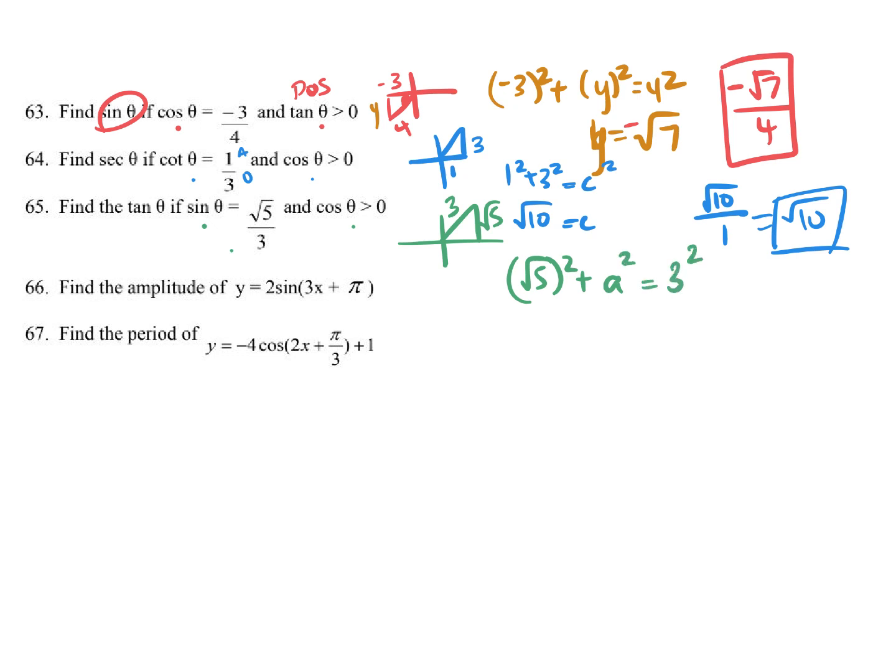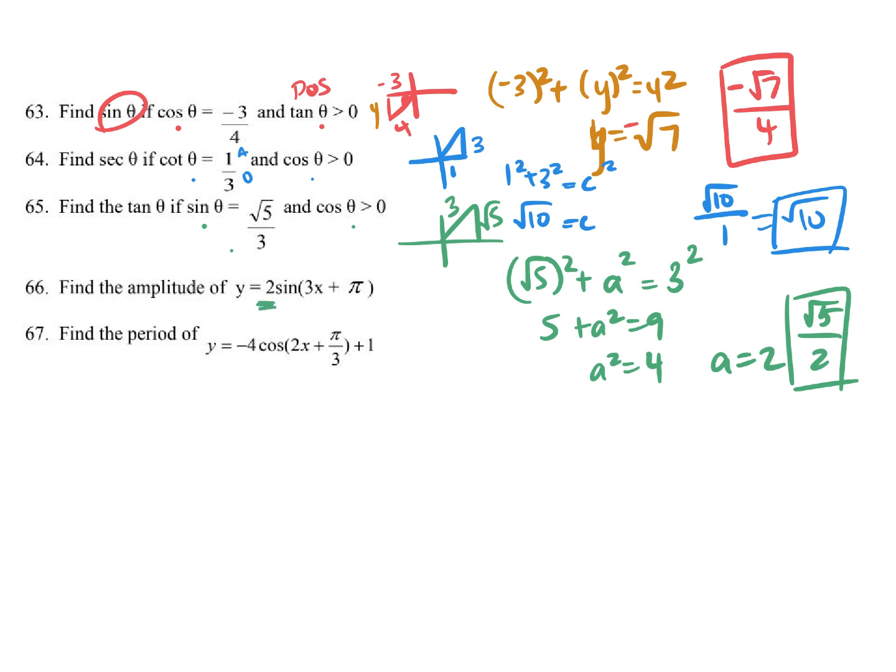And it doesn't matter if you use b's, y's, whatever, it's just the missing piece. 5 plus a squared is equal to 9. A squared is equal to 4. A is equal to 2. And as for the tangent, tangent is that opposite side over adjacent side, so radical 5 over 2.